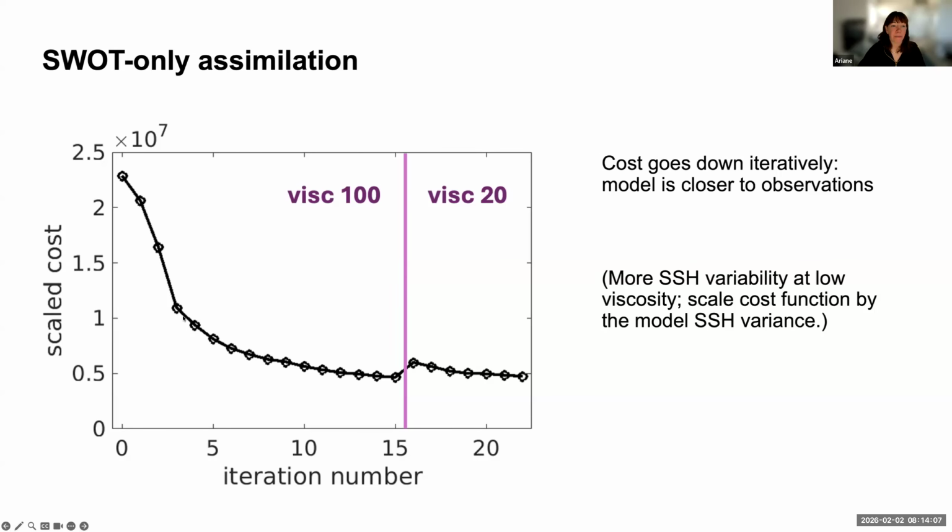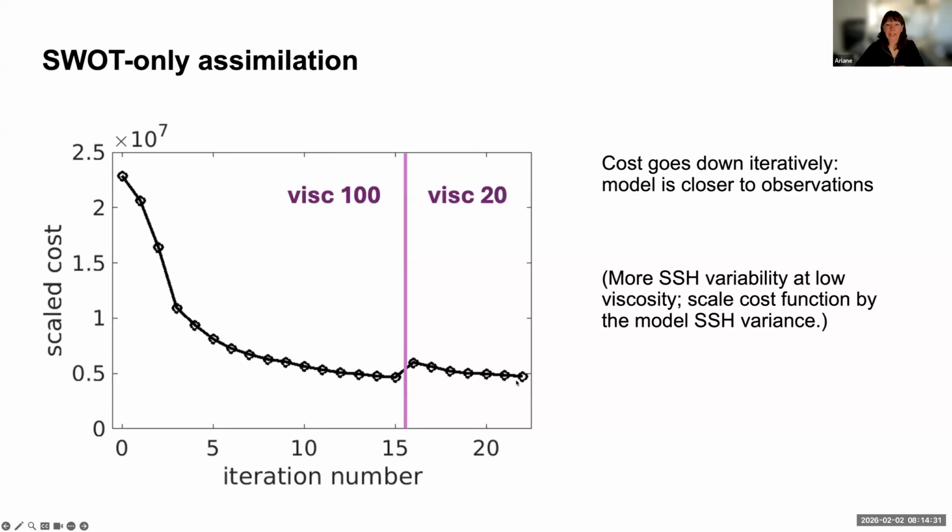And we do a few iterations, the cost goes down a lot, then it starts plateauing a little bit. We reduce the viscosity. This creates more small scales in the model, so those don't necessarily fit the observations. So there's a little bit of a jump in the cost, but the cost goes back down.